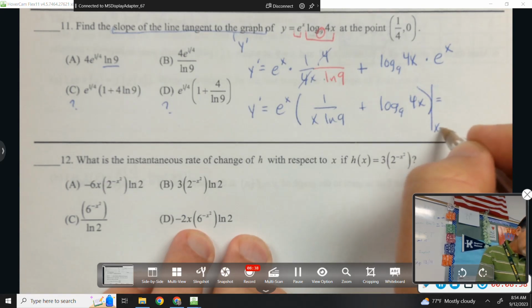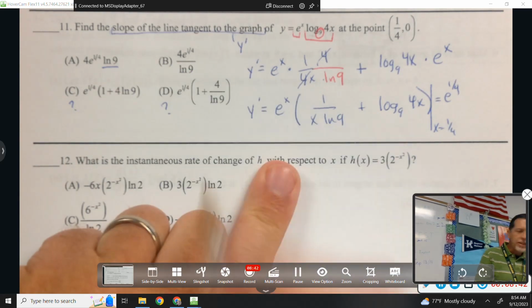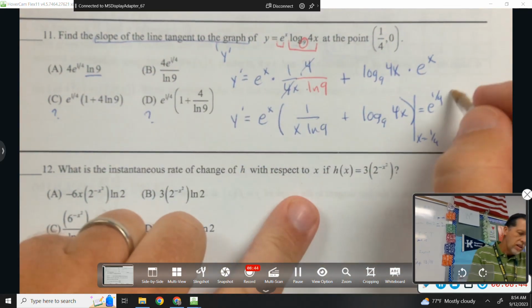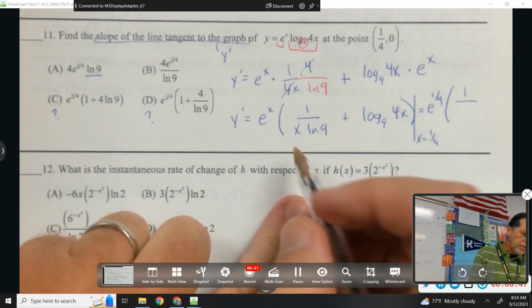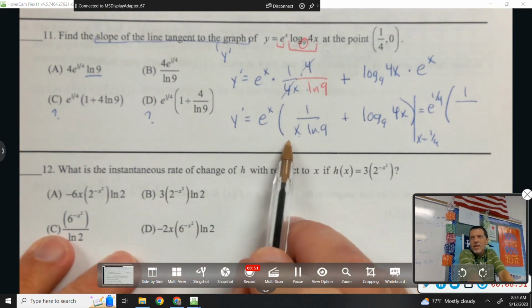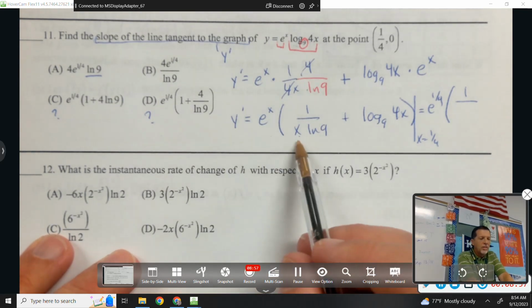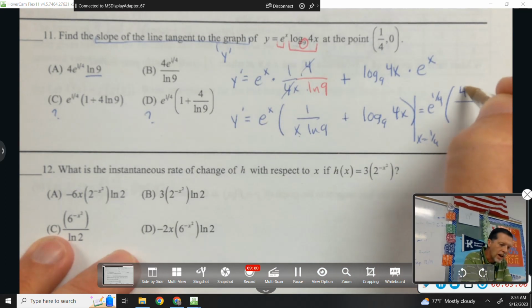So e to the 1/4. Okay, that doesn't really tell me anything. We've all got that. 1 over, okay, if I put 1/4 in the bottom, what does that become? I don't want to take the time to write out keep, change, and flip it here. 1/4 in the bottom becomes a 4 in the top.